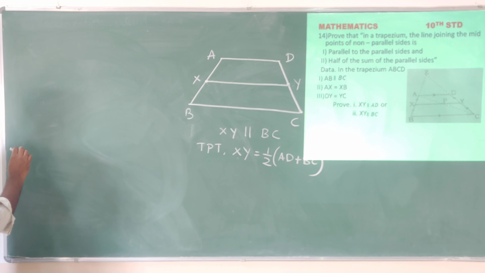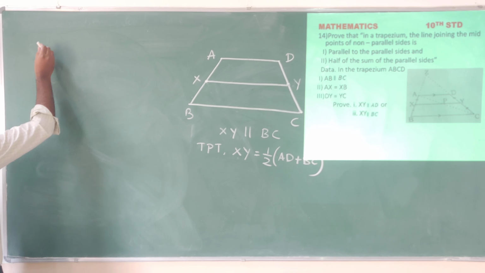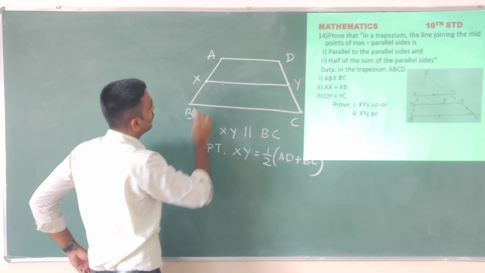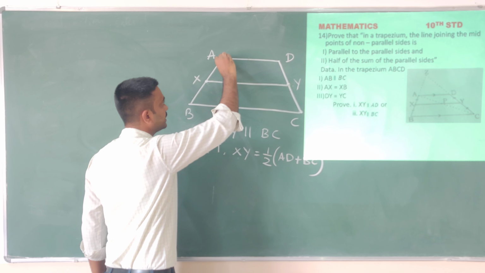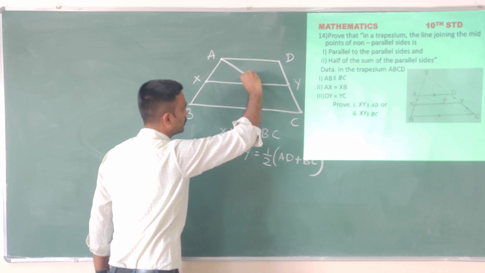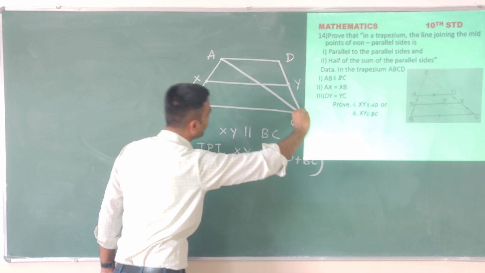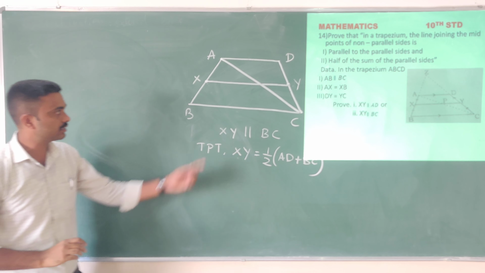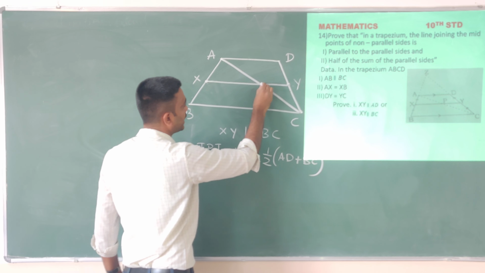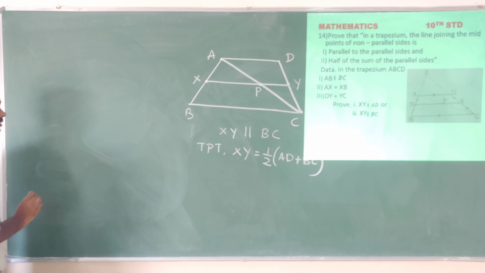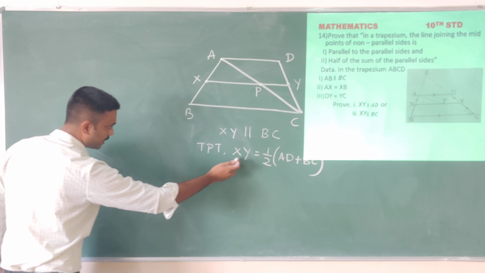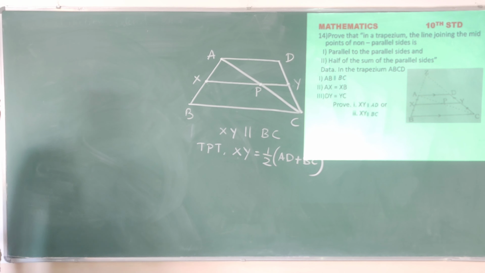we can make use of the construction method. The construction says to join these two points, A and C. Now AC becomes the new line segment in this trapezium. Call this point P. Now we need to prove that XY is equal to 1/2 times AD plus BC.